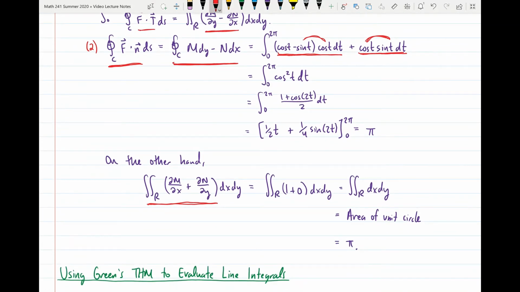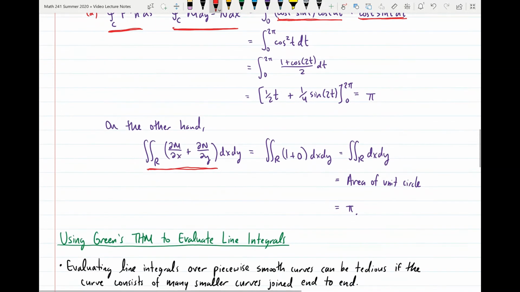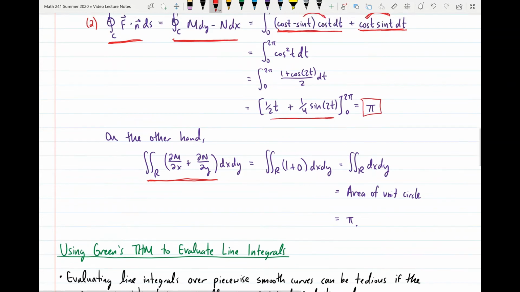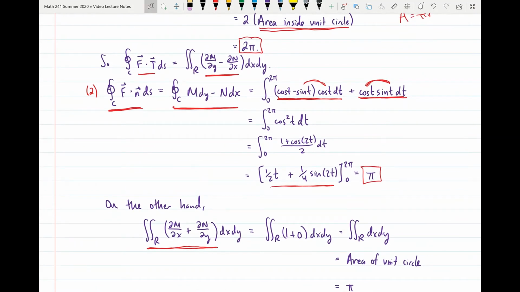And we evaluate this integral, so we can use the trig identity to substitute and get the integral from 0 to 2 pi of (1 plus cosine of 2t) divided by 2. And again, we take an antiderivative of that. We get 1/2 t plus 1/4 times sine of 2t, and we evaluate from 0 to 2 pi, and that'll leave us with just pi. So this line integral ultimately evaluates to pi.